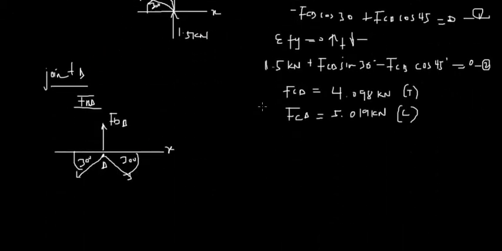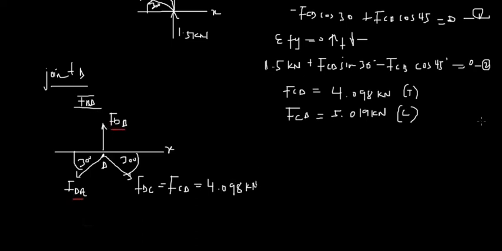Note that we already know FDC, which is the same as FCD, which is already 4.098 kilonewtons. So we are left with FDA and FDB, this force and this force.